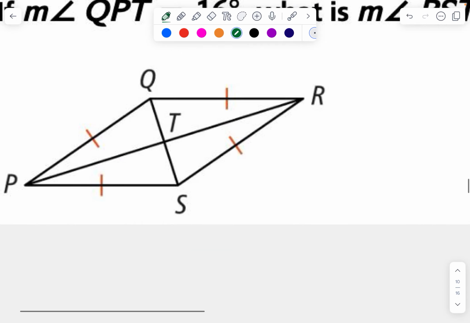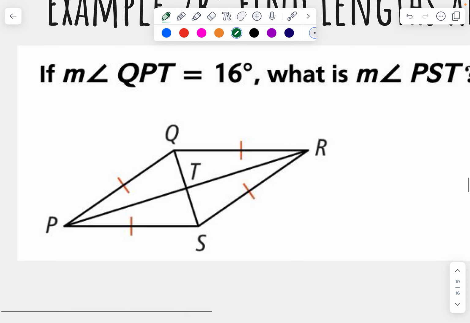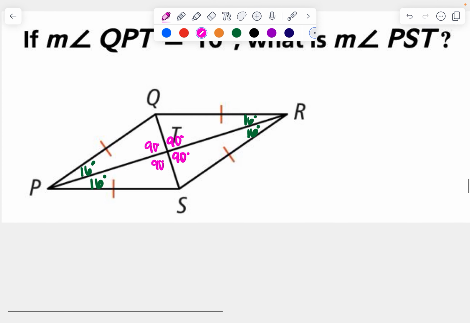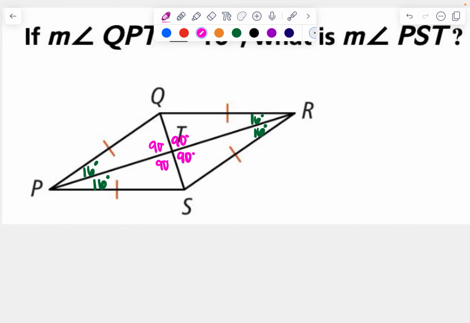So get another one. QPT is 16 degrees, so I'm going to put 16 there, 16 there. I know all of these are 16 degrees. Again, it's a rhombus, so I know all of these angles in the middle are equal to 90. They want to know what PST is.